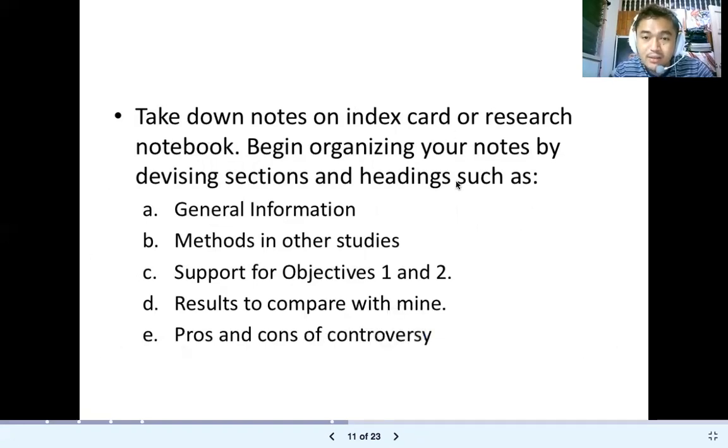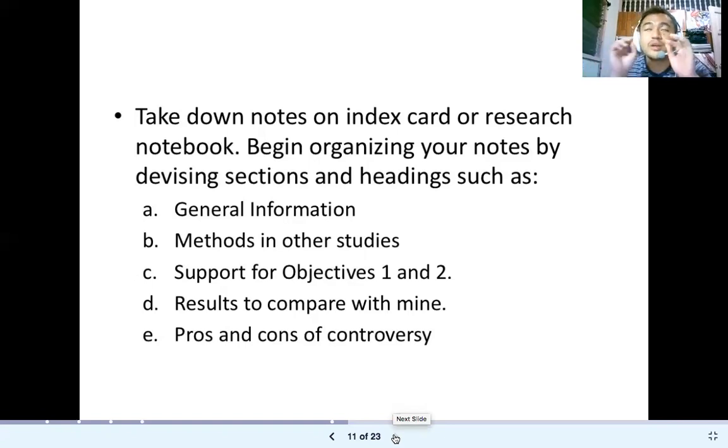So how are you going to do that? You have to write the general information of that topic, methods in other studies that support your objectives, results to compare with yours, and the pros and cons of the controversy. When you have this research topic, make sure that in your RRL, you also identify the advantages and disadvantages of it.